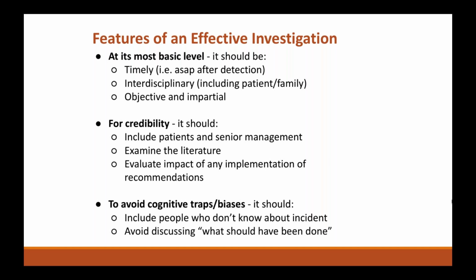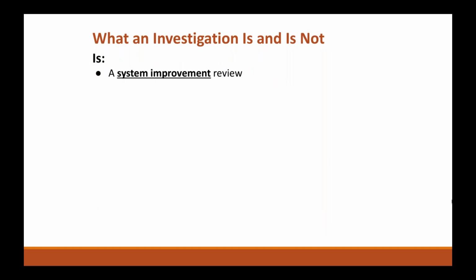The goal is to talk about what actually happened, why it happened, and what we can do to ensure that it doesn't happen again. Everybody knows what should have been done, and there is a temptation to talk about it, but really the goal of the investigation is to figure out what happened and try to avoid that same thing from happening again in the future.